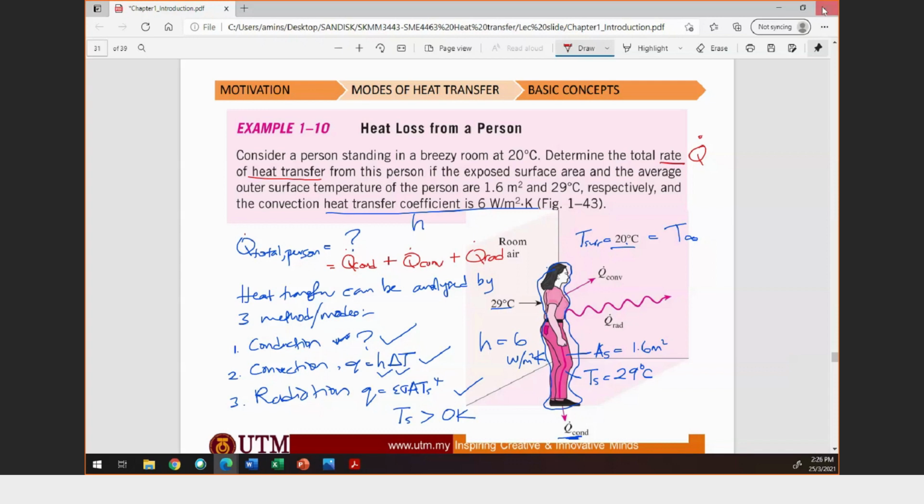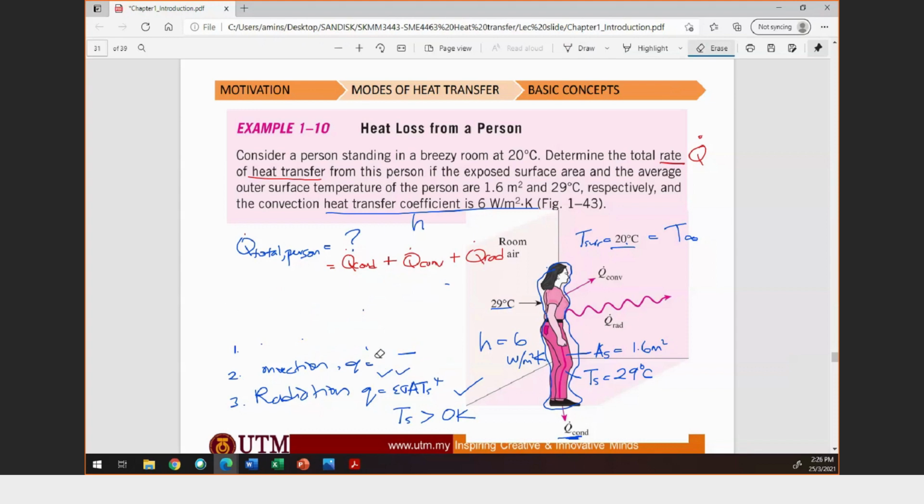So how to calculate the heat by conduction?